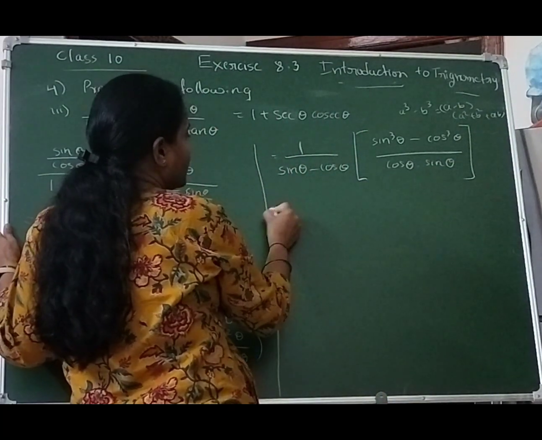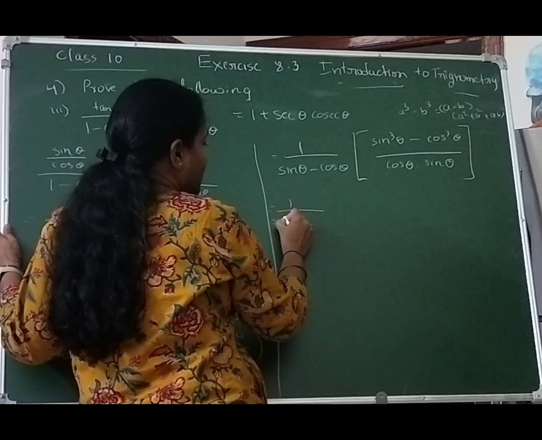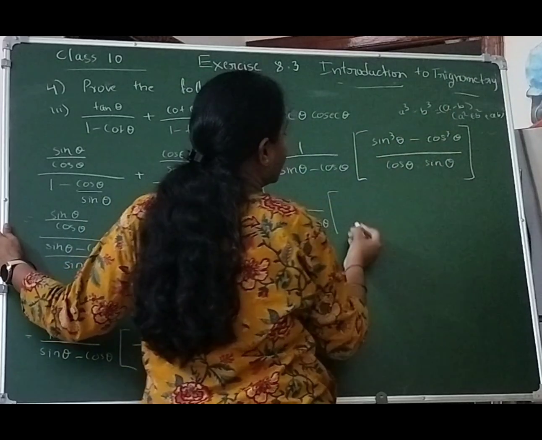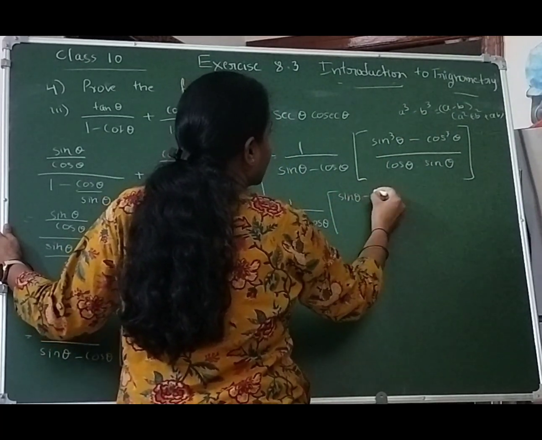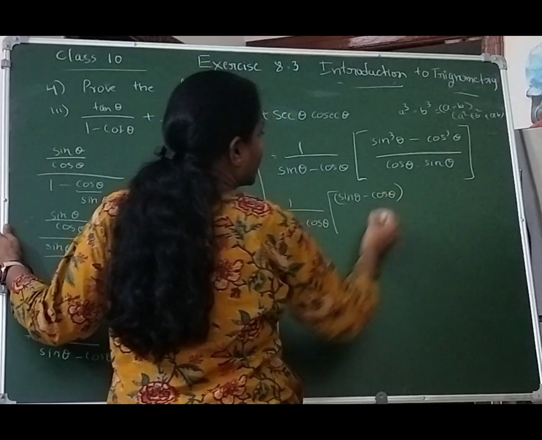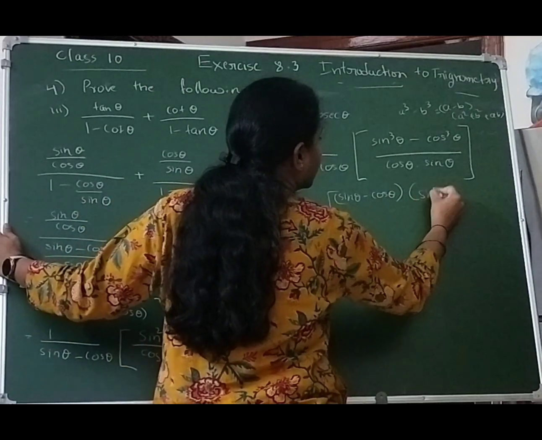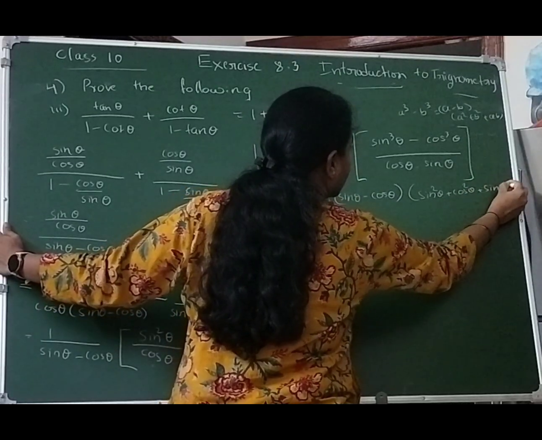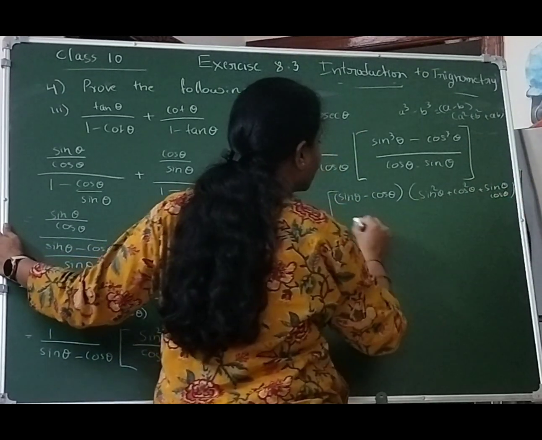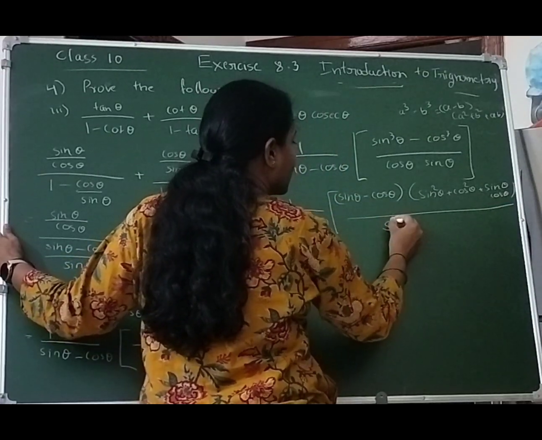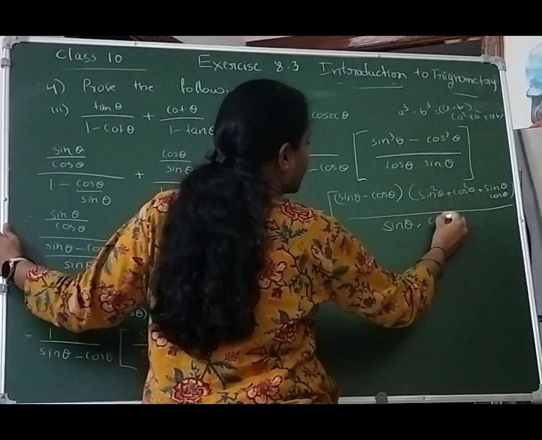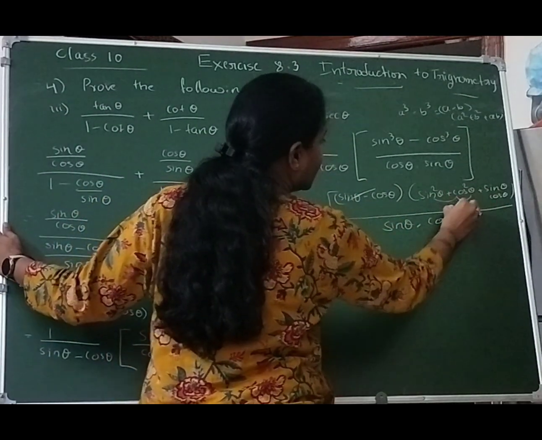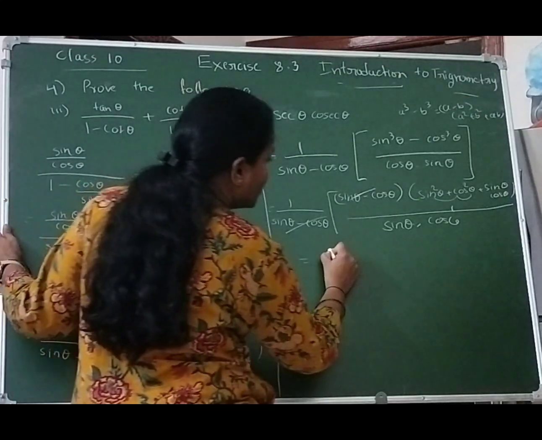So it is equal to 1 by (sin θ − cos θ), and applying the identity here, it will become (sin θ − cos θ) into (sin² θ + cos² θ + sin θ cos θ). The denominator is the same, cos θ into sin θ. So the common term (sin θ − cos θ) will get cancelled, and we know sin² θ and cos² θ addition is 1.